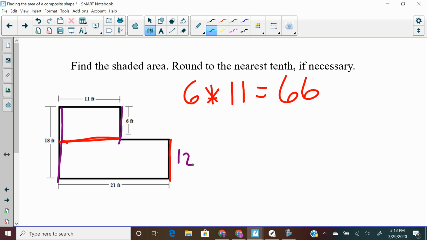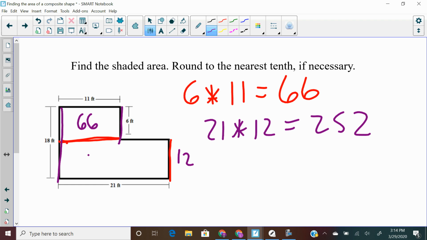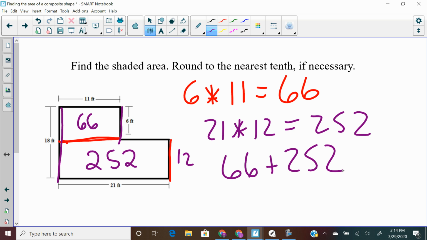For the bigger rectangle, I'm going to do 21 times 12, which is 252. To find the final area, I add those two together: 66 plus 252 is 318, and I need to remember my units, feet squared.